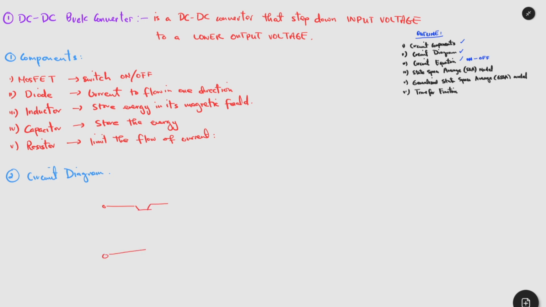we have the voltage input denoted by V in, and we have the MOSFET, and this MOSFET is connected to a diode, and this diode is now connected to the inductor, and we have the capacitor, and we have the resistor, and here we have the voltage output.